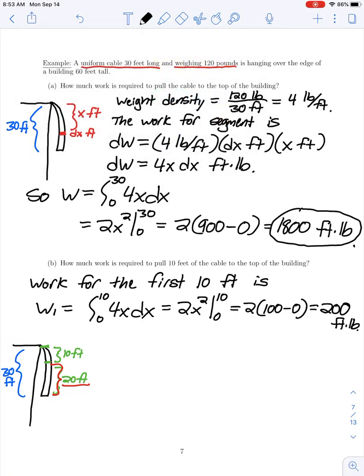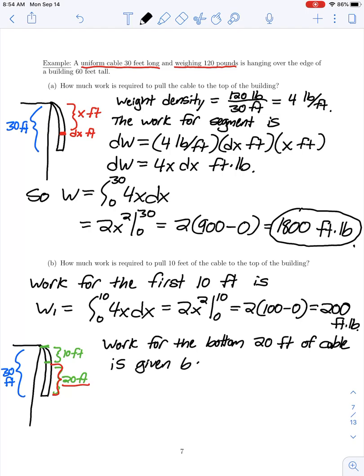So let me say here the work for the bottom 20 foot of cable is given by, let me call it W2. So let's think about how much force is required to move that bottom 20-foot section of cable. So its length is 20 feet, and let's think about its weight density.